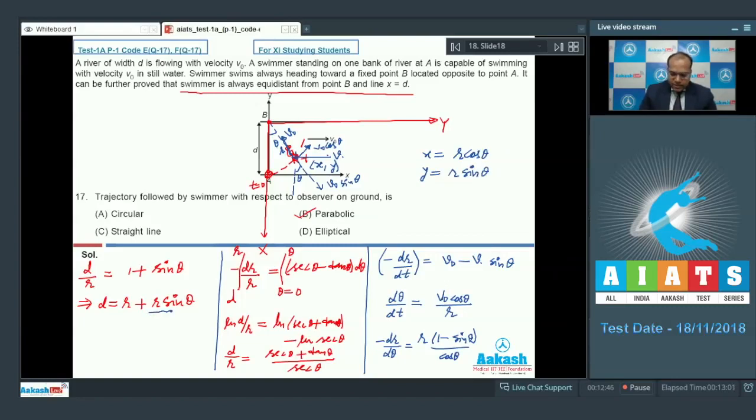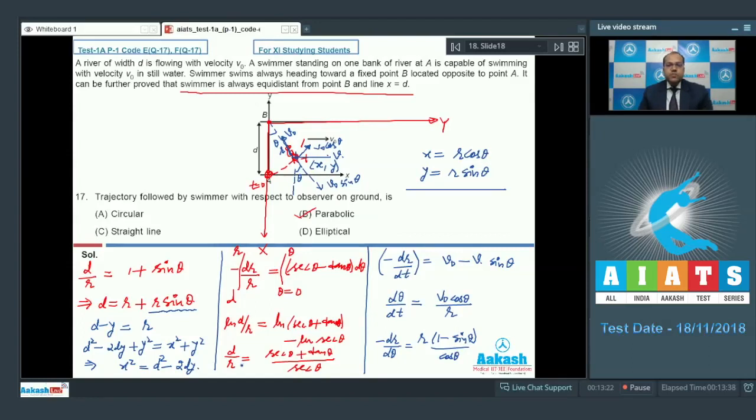Here r sin theta is equal to y, so I can write d minus y is equal to r. On squaring, I get d square minus 2dy plus y square is equal to r square. And r square is equal to x square plus y square, so y square gets cancelled out. From here I get x square is equal to d square minus 2dy. So this is the equation of a parabola.